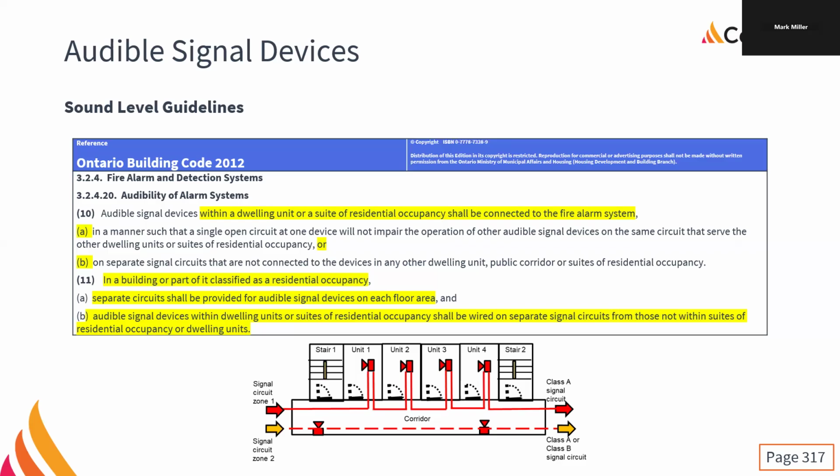And so we get a mixture of Class A and Class B in the buildings. So we'll have Class A circuits doing the actual suites of residential occupancy, and then typically we'll have Class B circuits in the corridors because we don't need Class A for that. So let's economize a little bit on the cost of construction.